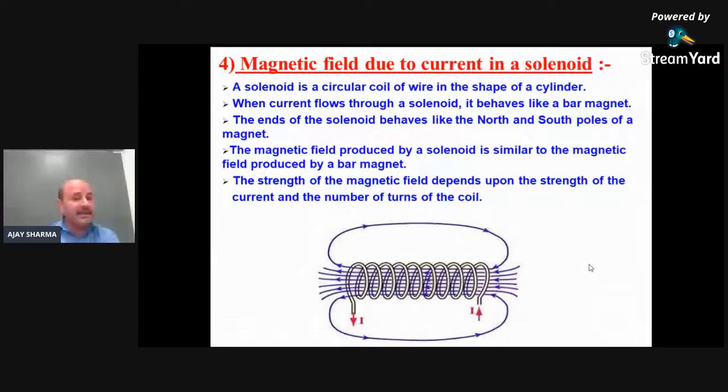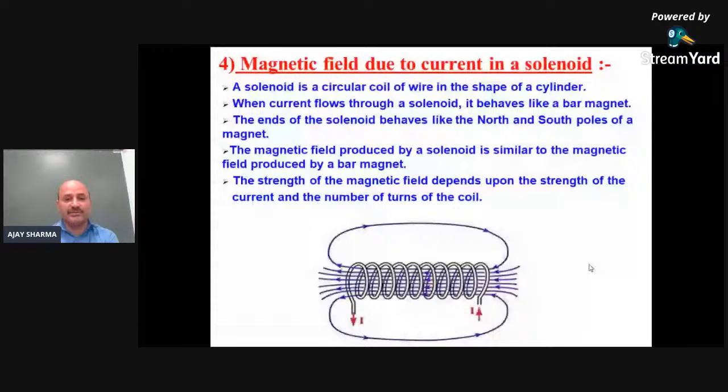Why do we say that they are continuous curves? Because outside, the lines move from north to south, but inside you can see the lines move from south to north, making a continuous curve. So this is a very important property, that magnetic field lines are continuous curves.